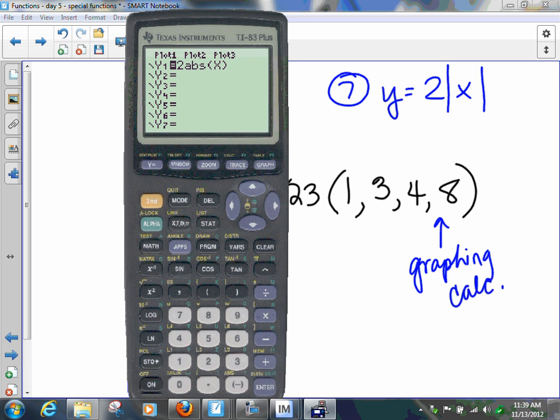What's this going to look like? It's going to look like a V. It's just kind of a narrower V, okay? So I want you to sketch that on your graph. Where's the vertex of that function? If you weren't sure, how could you figure it out? Find the minimum value, okay? Isn't there a vertex on there? Minimum.